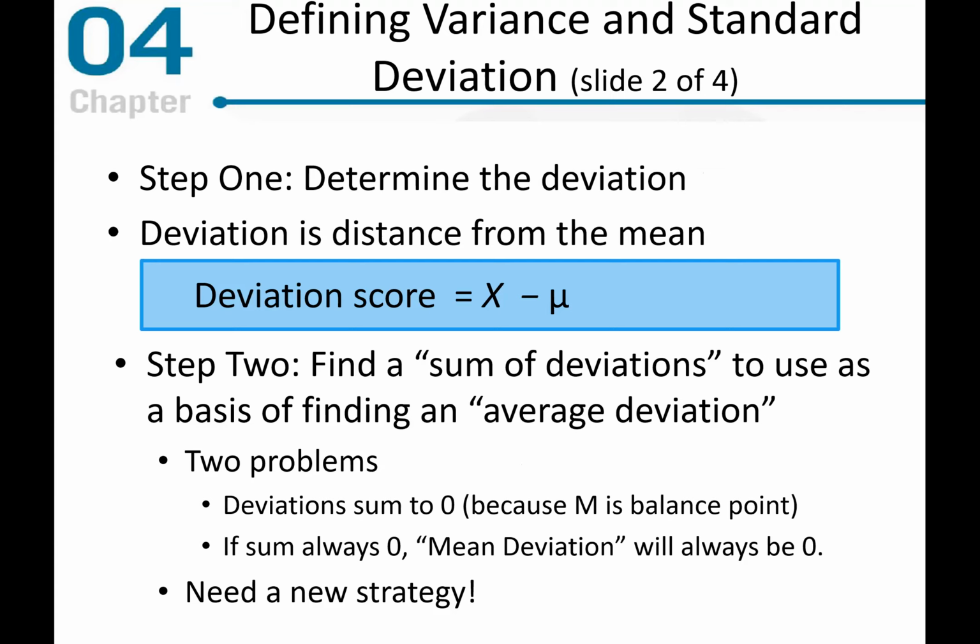So we still have one extra step, right? Because we calculated the variance, but we need the standard deviation. So we're going to move to step 4. All right. And for step 4, our goal is again to compute a measure of the standard or the average distance of the scores from the mean.